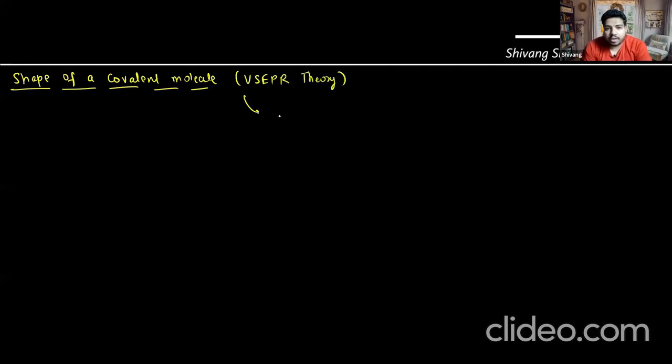VSEPR stands for valence shell electron pair repulsion theory, and that decides the shape of a molecule. Okay. So what does that say?